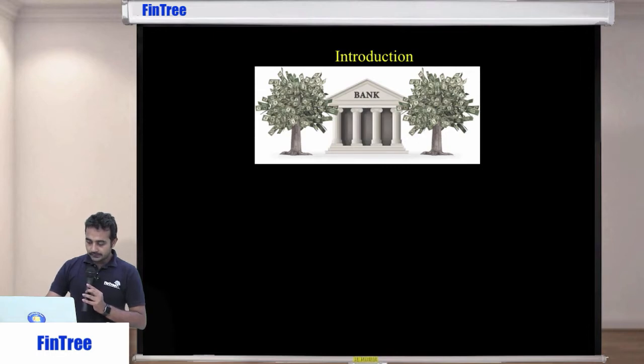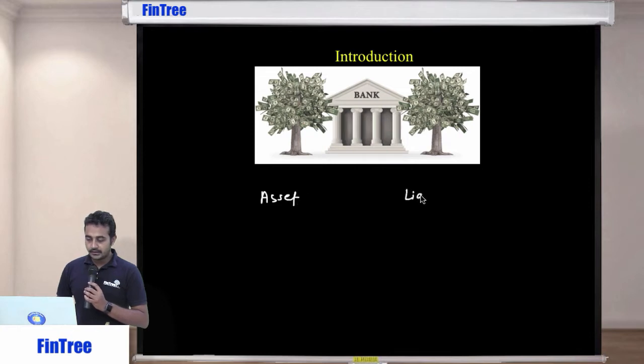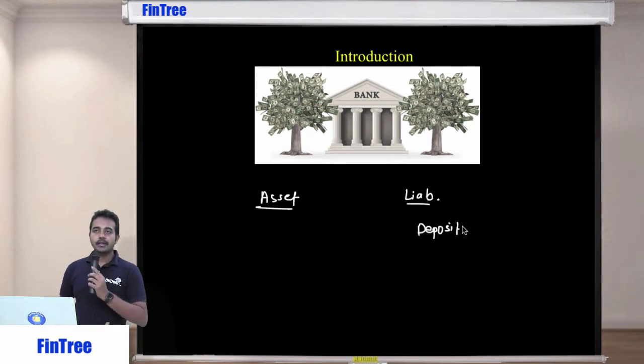First, banks. Can anyone help me understand what is the business model of a bank? Yeah, so banks will have an asset side and a liability side. The liability side, in a very simple basic structure, is getting deposits from the investors.